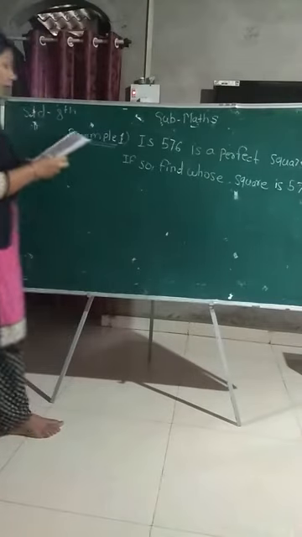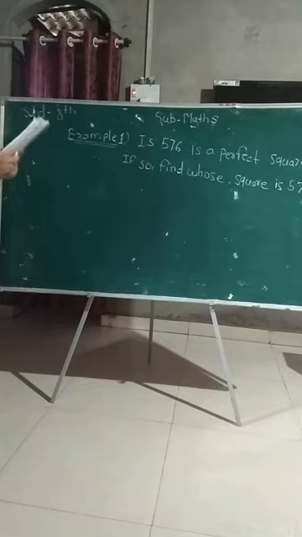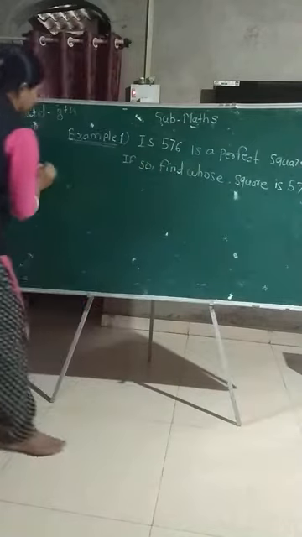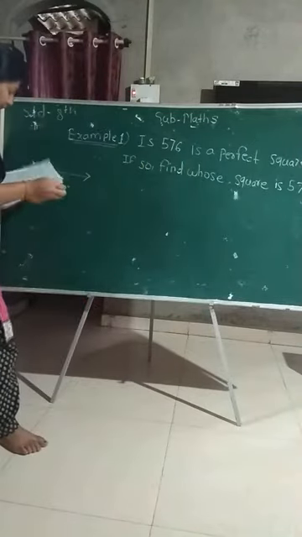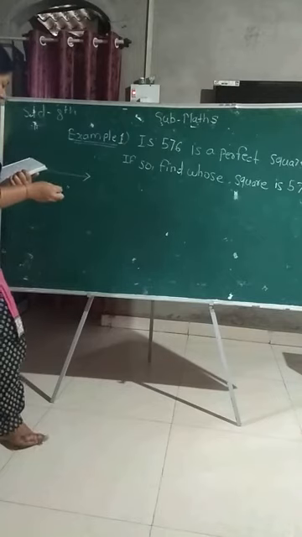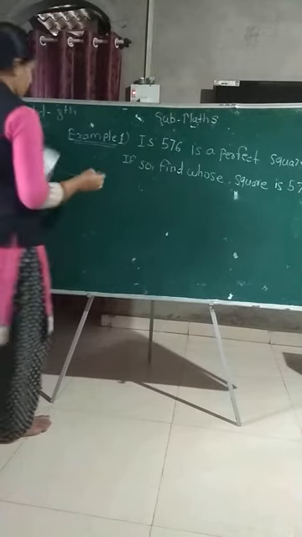There is one method to find prime factors. In the solution we first express 576 as the product of its prime factors.